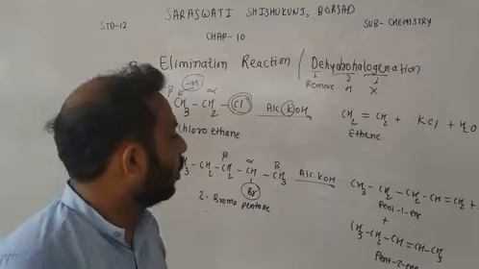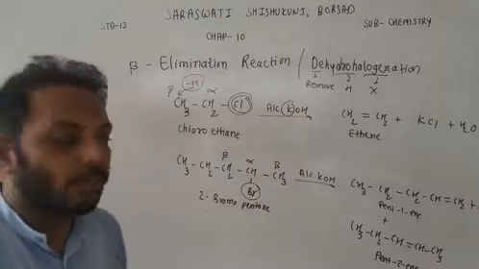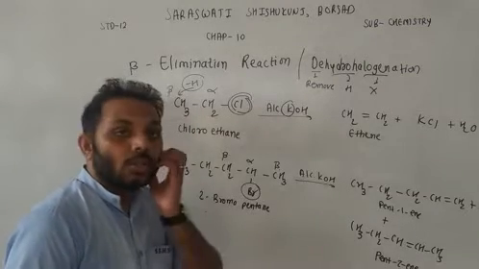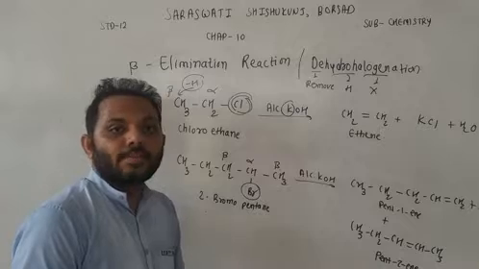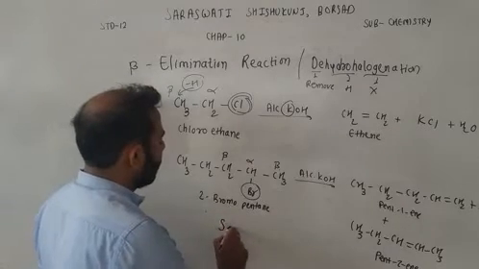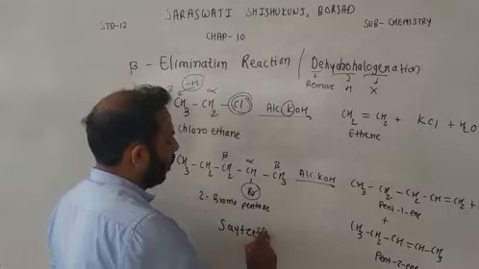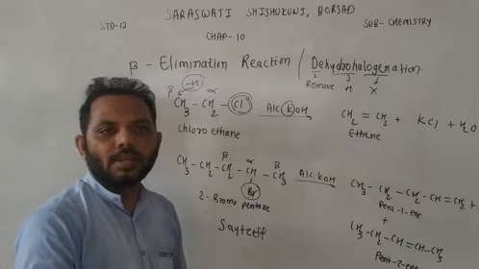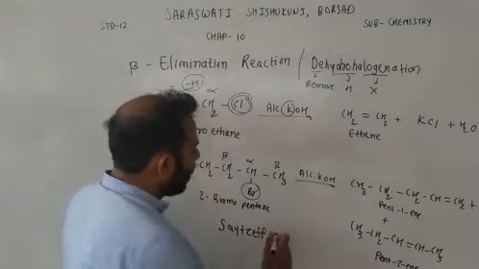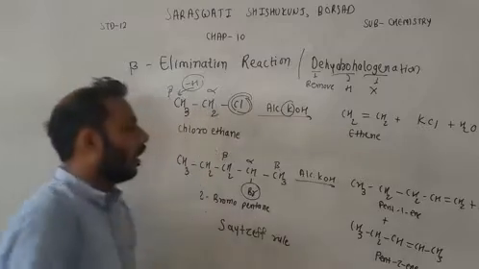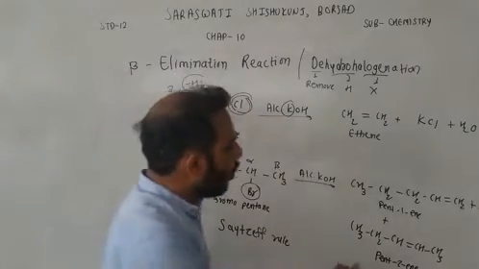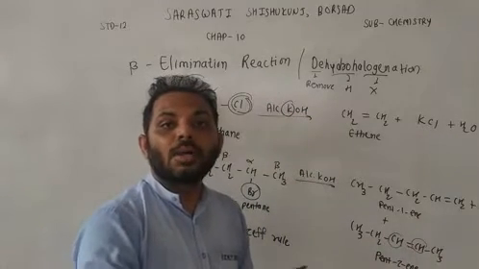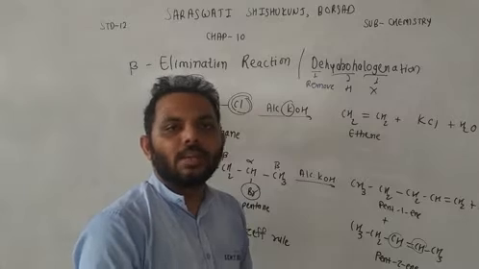Now the question is, which is the major product and which is the minor product? Pent-1-ene and pent-2-ene, among these, which is the major product? For that, the scientist Saytzeff, also known as Zaitsev, gave a rule which defines which is the major product and which is the minor product. According to Saytzeff rule, if the double-bonded carbons have a higher number of alkyl groups, it will be the major product.